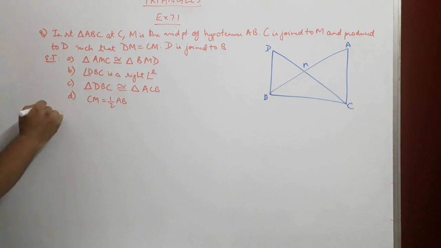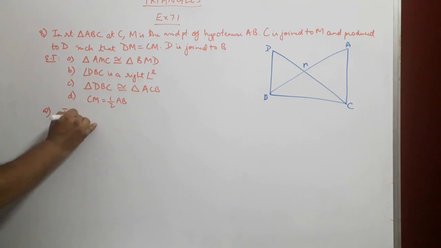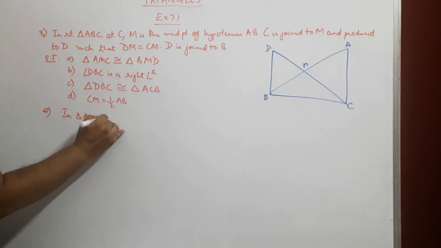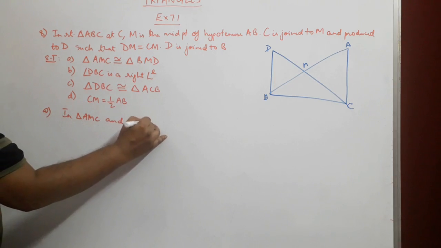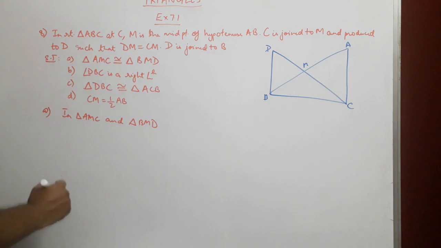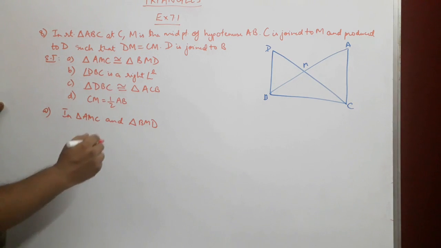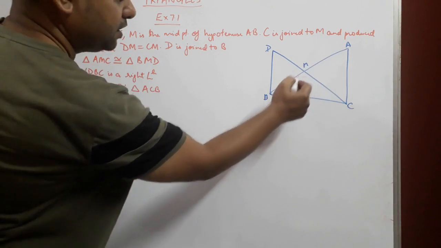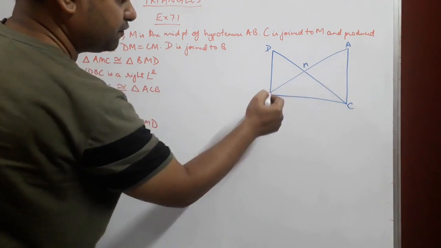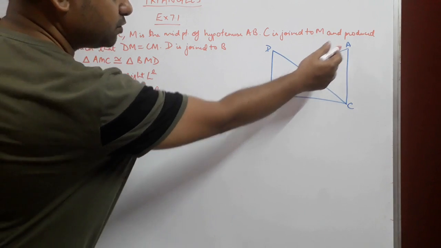So we are solving now for the first solution. In triangle AMC and triangle BMD, what we see is we have already been given that M is the midpoint of hypotenuse AB. M being the midpoint of AB means that BM is equal to AM.